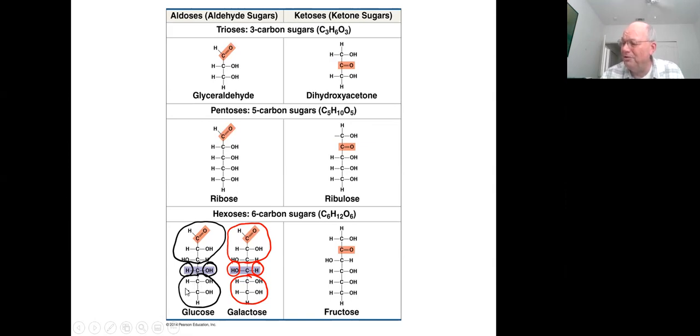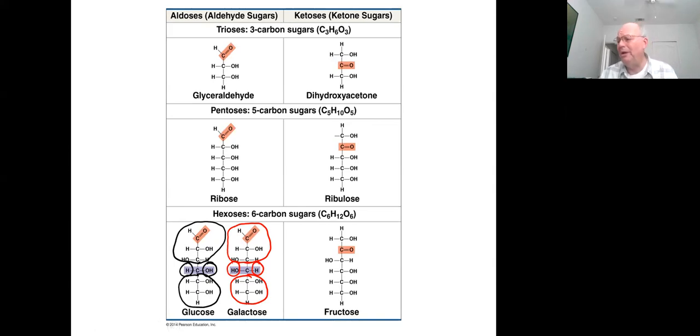This one is not, because it's got 2 hydrogens attached to it. So it's only got 3 different things, not 4 different things. This one is not asymmetric because, again, it's only got 3 different things, not 4 different things. But of the 6 carbons in glucose and likewise with galactose, 4 of them are asymmetric and therefore can form mirror image isomers and enantiomers.